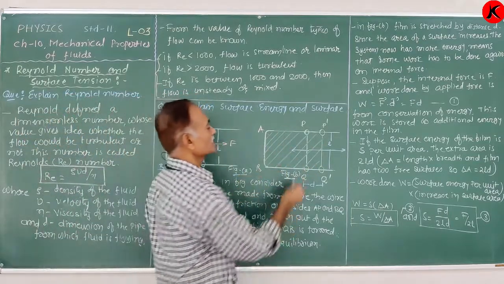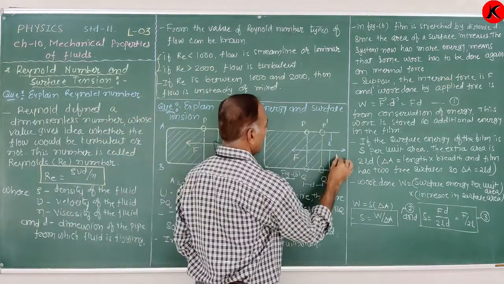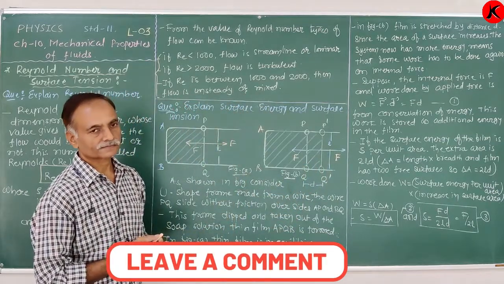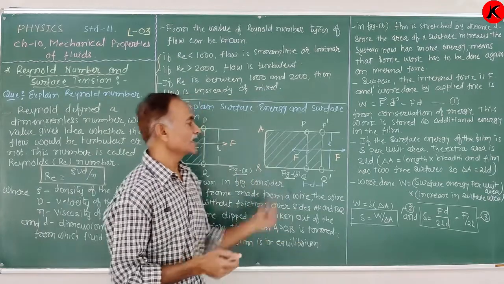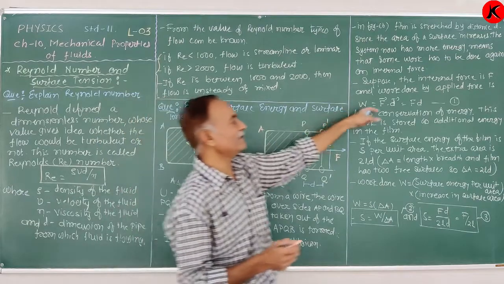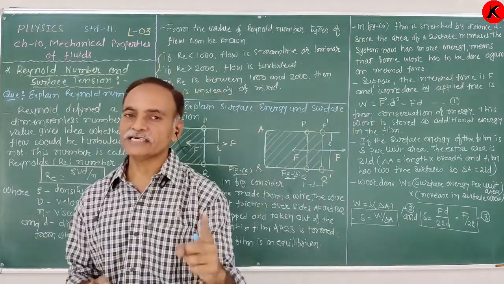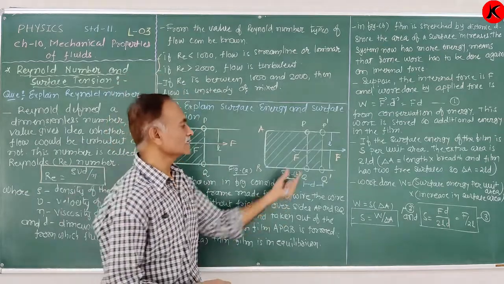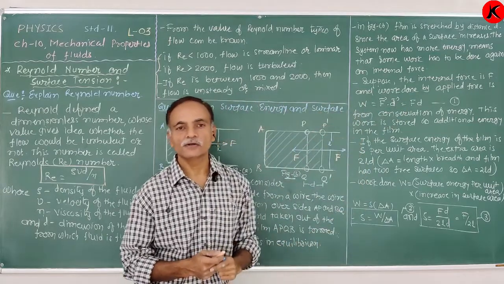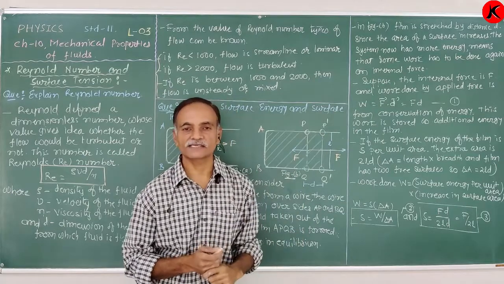Suppose the internal force is F and the applied force is slightly more than the internal force. The work done W is equal to force into displacement. Both are in the same direction, therefore W is equal to vector F dot vector d, that is F d cos theta. Since theta is equal to 0, only F d is the work done. That is our equation number 1.